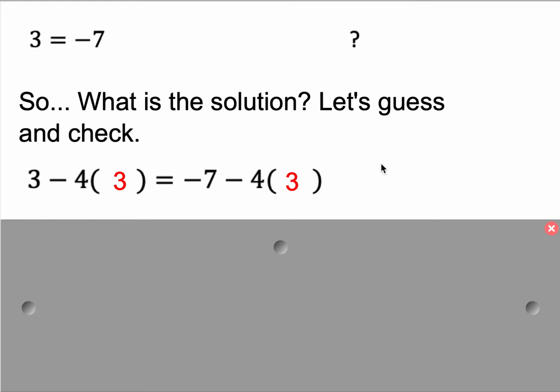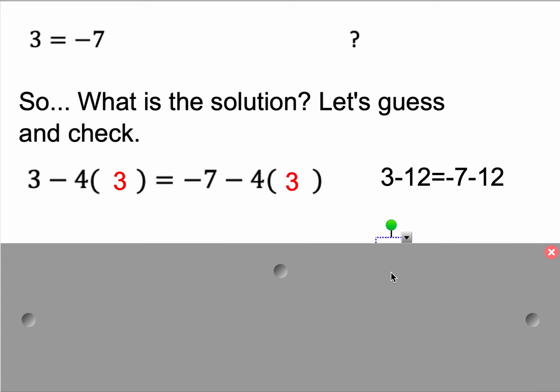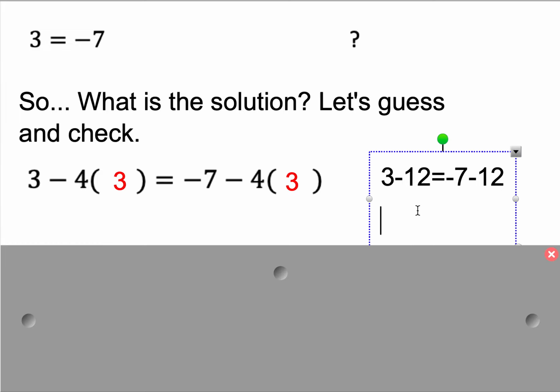Okay, 3 minus 4 times 3, that's 3 minus 12, which is negative 9. And negative 7 minus 12. Let me try this again. It's going to be negative 9 equals negative 7 minus 12, which is negative 19.